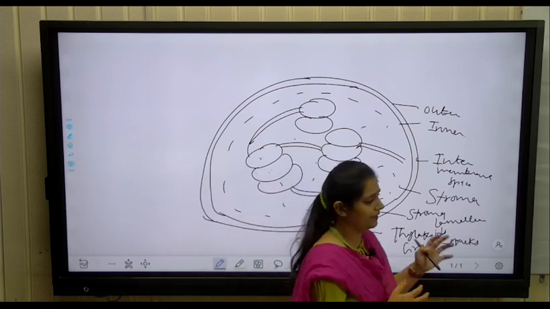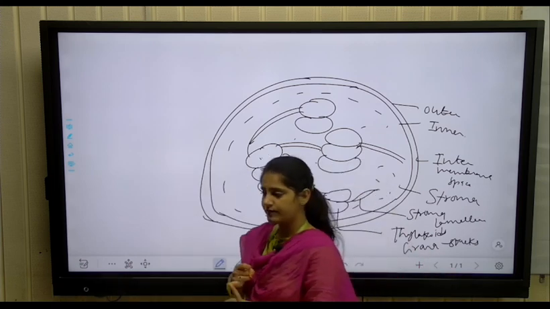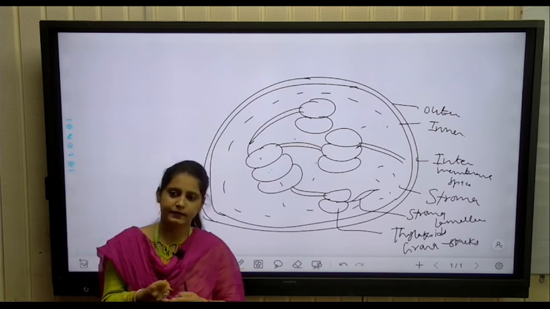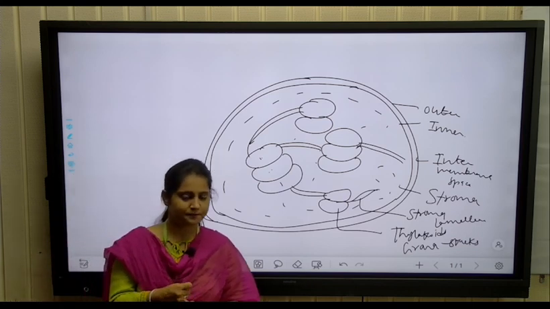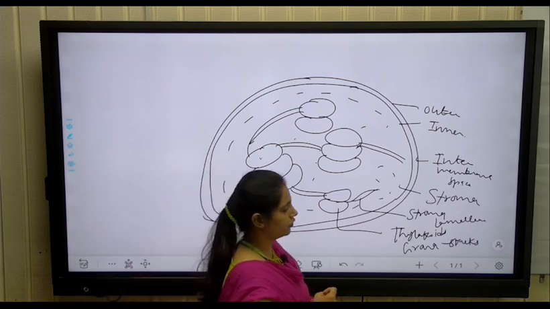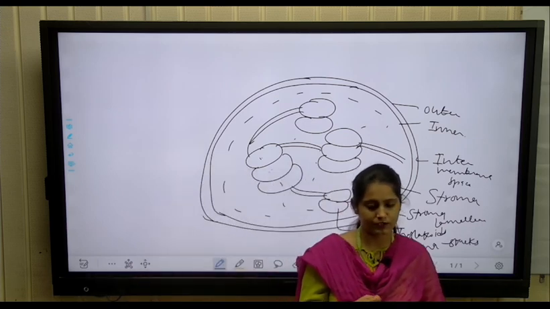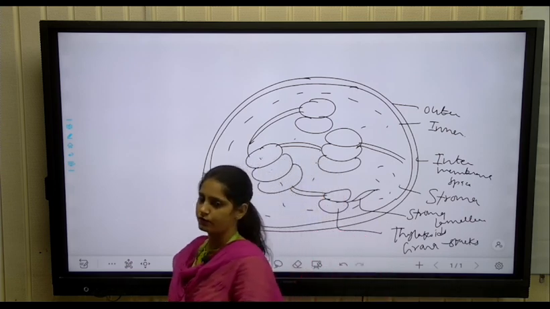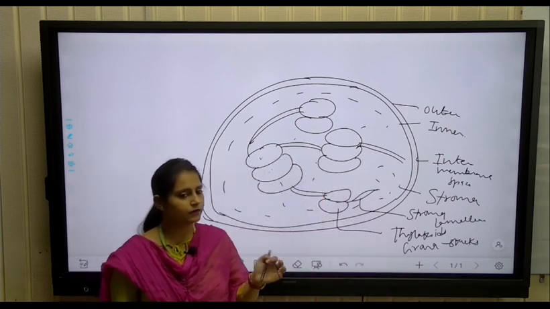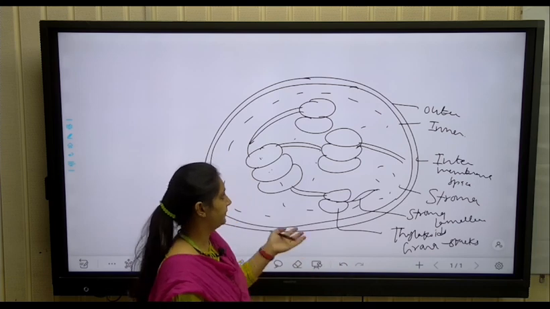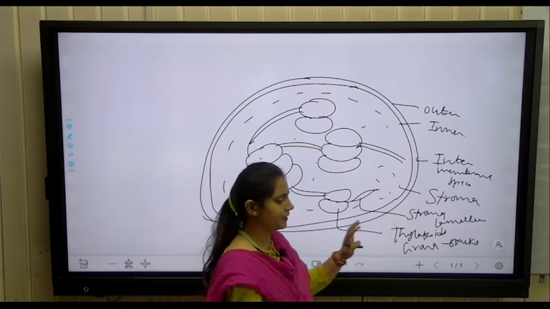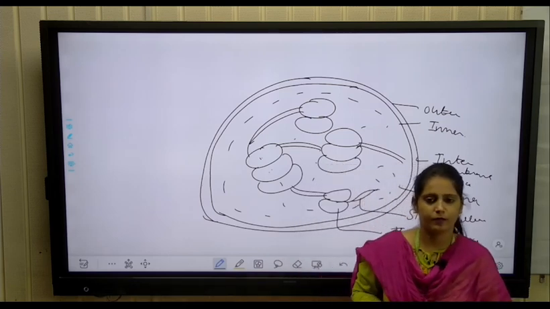So, this contains chlorophyll. The plastids present in plant cells are of three types: chromoplast, chloroplast and leucoplast. Chloroplast contains a green pigment responsible for photosynthesis, and the name of that pigment is chlorophyll. Chloroplast is present in maximum number in which section?